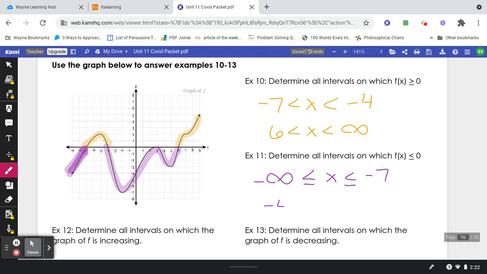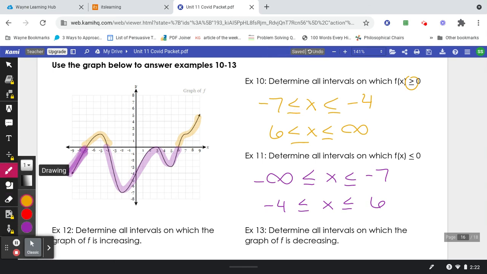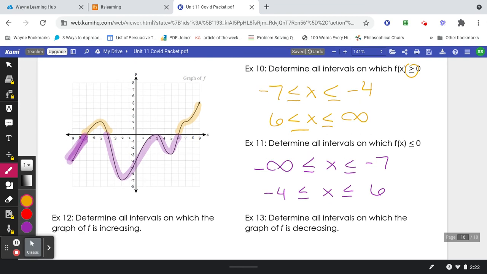And from negative 4 all the way to 6. One small thing, I forgot to put the lines under it here. Remember, if they give you the line, make sure you go ahead and put the line underneath it. There we go. So positive is above, negative is below.